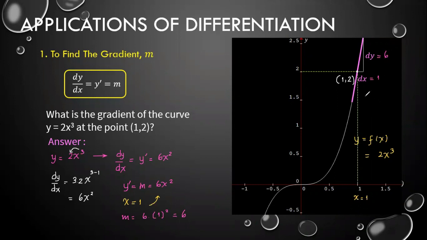So the gradient m, change in y over change in x, is 6 over 1. So we find the gradient is 6. That's very easy, right? So m equals 6 is proven.